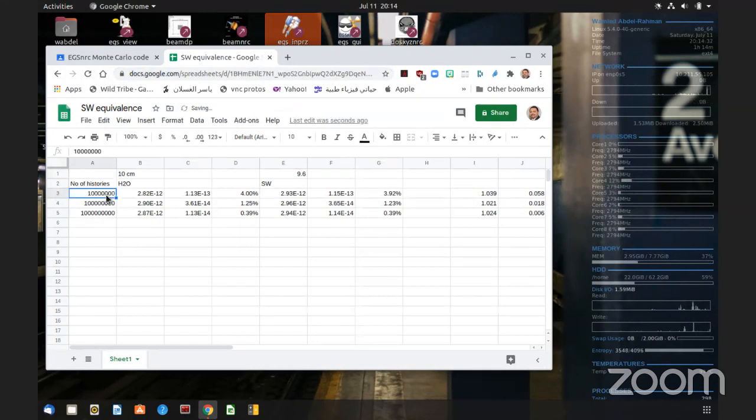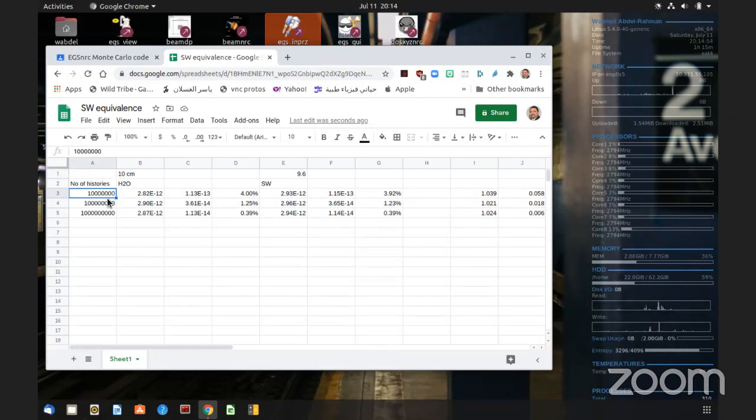I did 10 million. By the way, I'm using a cobalt source, a point source at, I think, 80 centimeters, 5 centimeter radius or something like this. I'm keeping exactly the same source, no difference, and the same SSD.